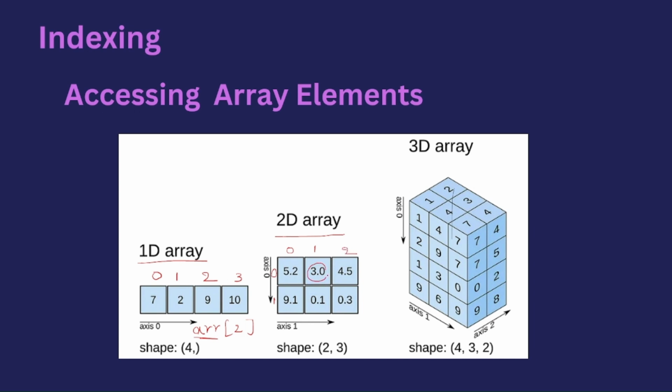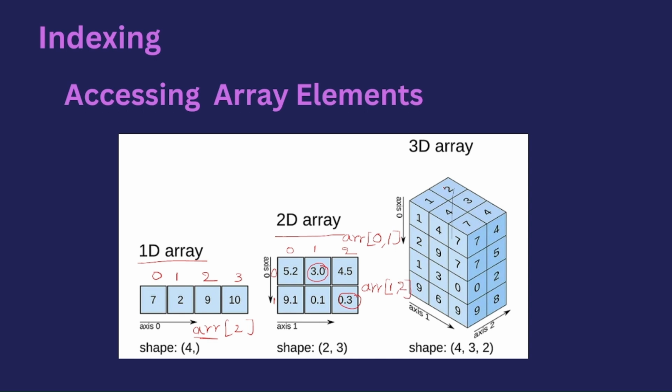If you want to access this element 3.0, then you need to write array of, first you need to specify the row's index number, that is 0, and then the column's index number, that is 1. This will give you 3.0. In the same way, if you want to get this element 0.3, then you need to write array of first the row's index number, that is 1, and then the column index number, that is 2.